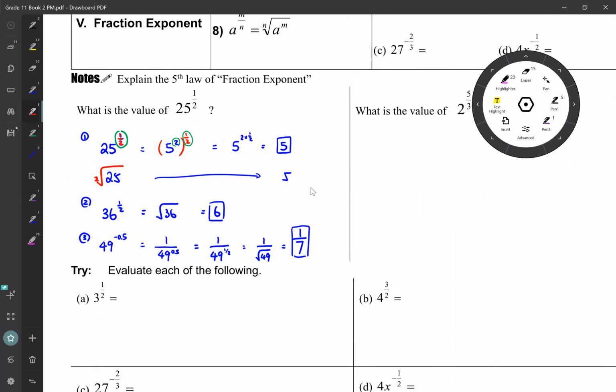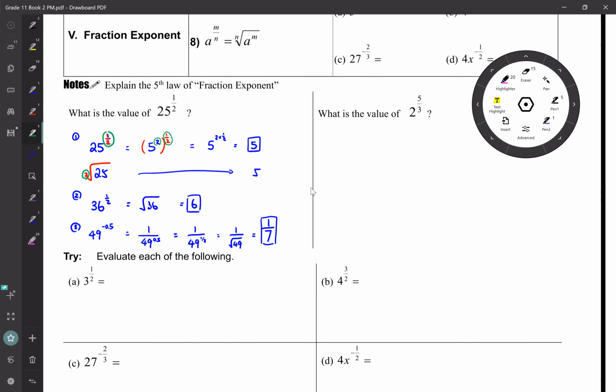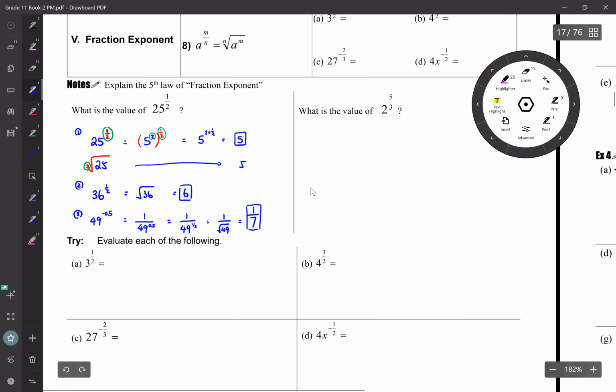Let me circle that. If you see a 1 over 3, it would represent the cube root. So for example, let's do the same thing on the side.